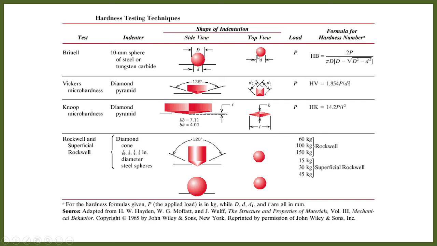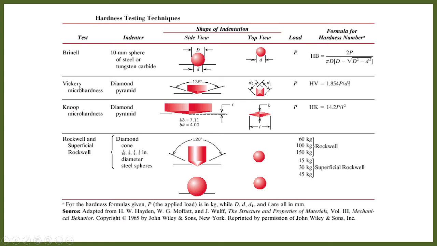Then after that, measure the diameter of the indented surface on the material to get HB, the hardness for Brinell. You use 2P, the load, over pi D and so on. Using this number, you can get the Brinell hardness.